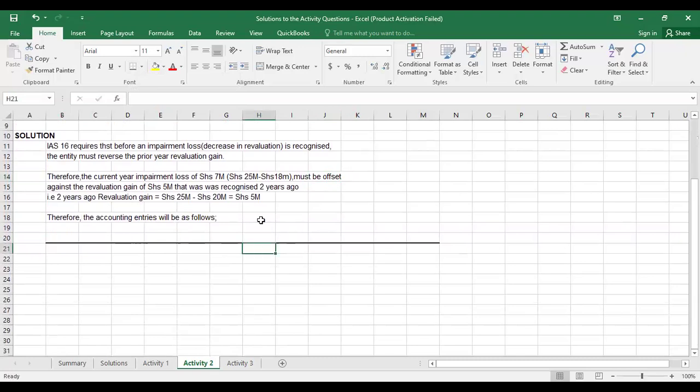We shall have our debit and our credit, in shillings.